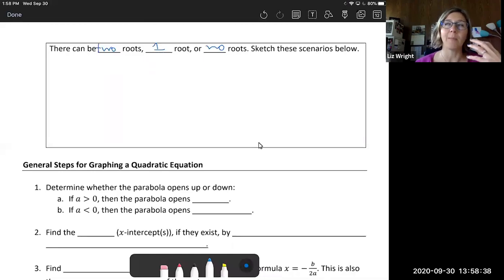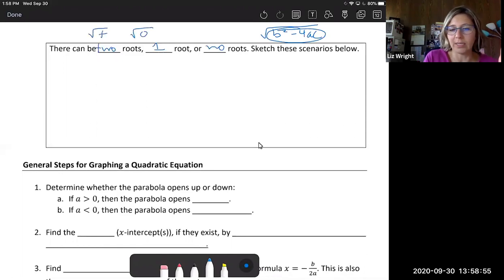So I'm hoping you remember way back when talking about discriminants, right? That's the number that you're going to get underneath the radical. And when we were looking at this, we were looking at situations where the discriminant is going to be positive, where it's going to equal 0, and where it's negative. And in the first situation of positive, I don't know if you remember this, we said that we would get 2 real solutions.